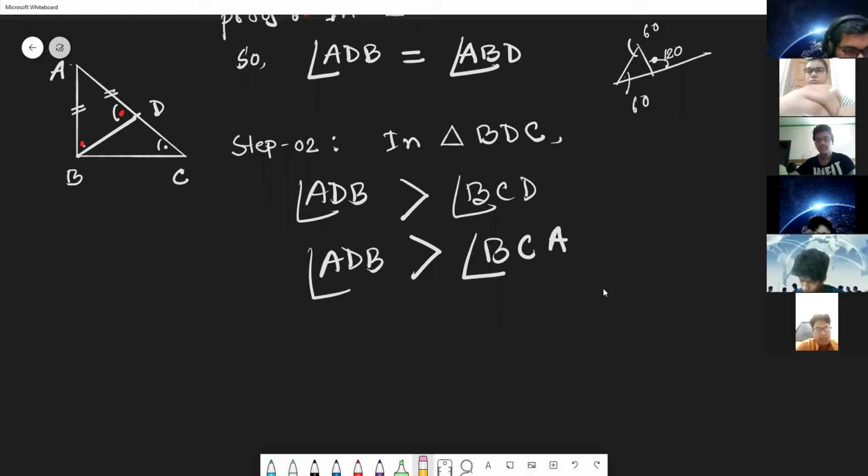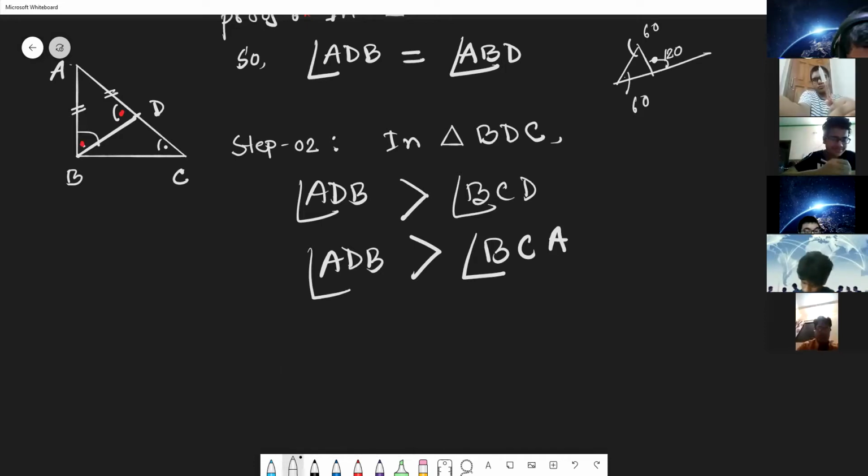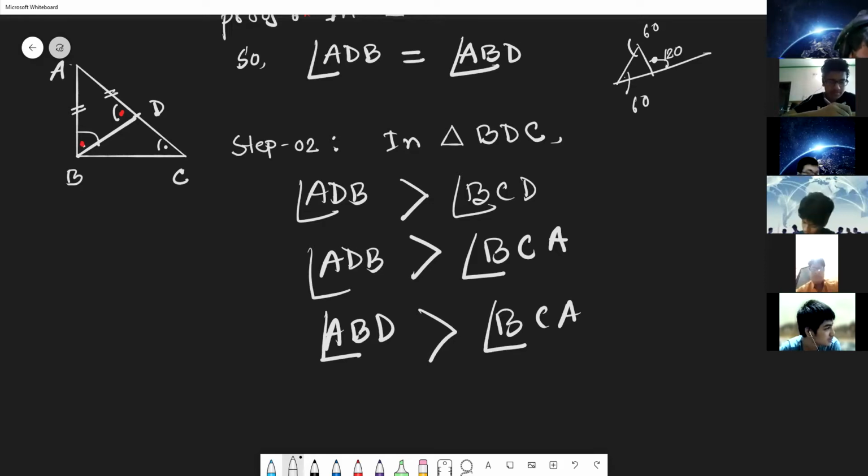Okay, we will show the third step a little. See, ADB equals what? In the first step, what is the value of ADB? Yes. Now, in ADB, this angle is equal to this angle. ADB is equal to ABD. This was written in step 1. So now there is BCA. So now we can start step 3.